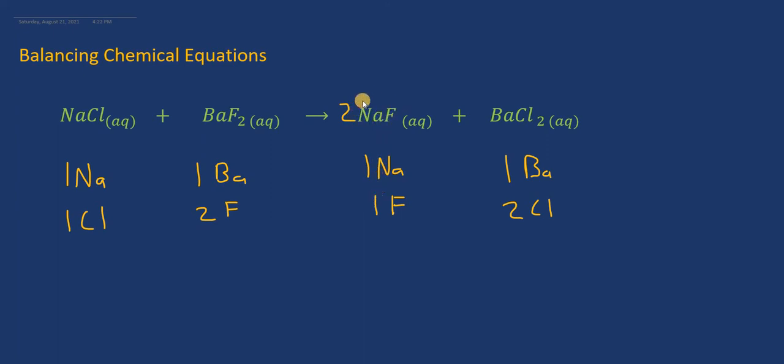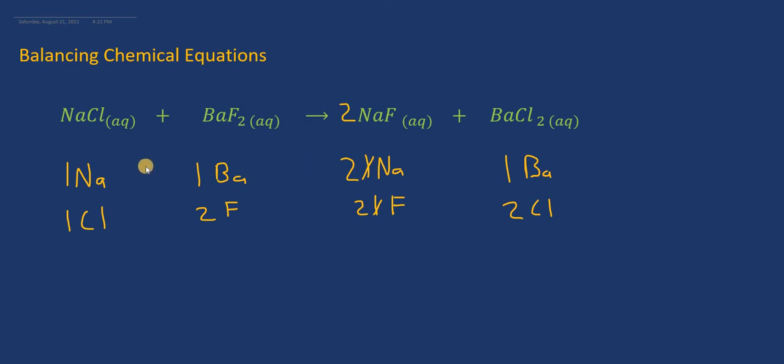And what that does is it now gives you not 1, but 2 fluoride ions. That balances the number of fluorides. However, it also changes the number of sodiums that you have. Instead of 1 sodium, we now have 2. So while we've balanced the number of fluorides, we've unbalanced the number of sodiums. And the number of chlorides is still not balanced.